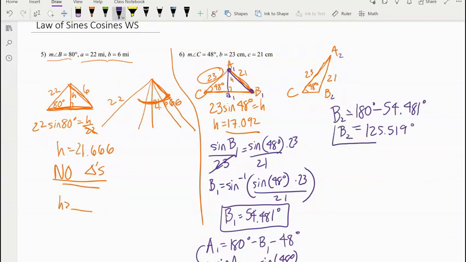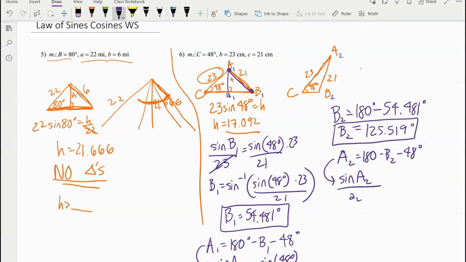So that's going to be your second angle B. And then your second angle A is going to be, again, 180 minus B sub 2 minus 48. That'll solve for A. And then again, you're going to do sine of whatever that is, keeping it plugged into your calculator so you have an exact answer, is equal to sine of 48 over 21. And then cross multiply and solve.